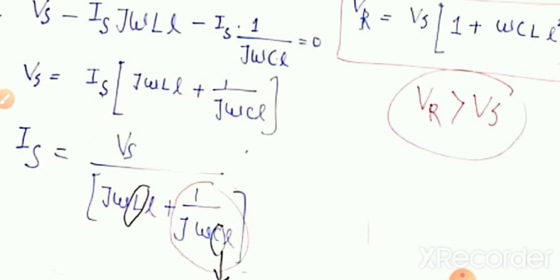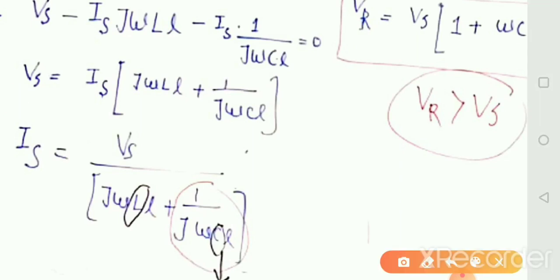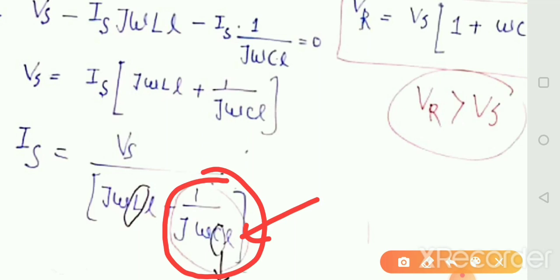In a long transmission line, the value of the capacitor is very less as compared to the inductor. So if the value of this capacitor is very small, then the value of 1 over j omega c into l is very high, because it is in reciprocal form.